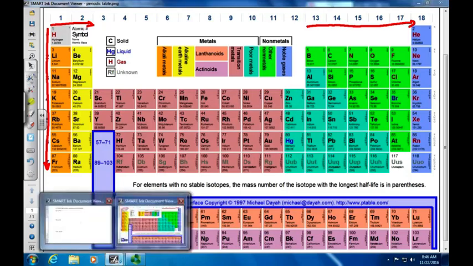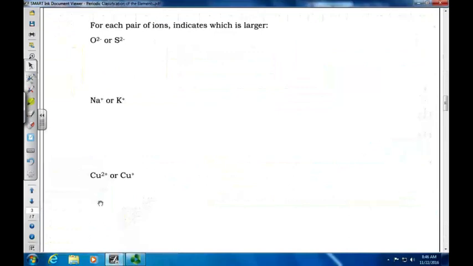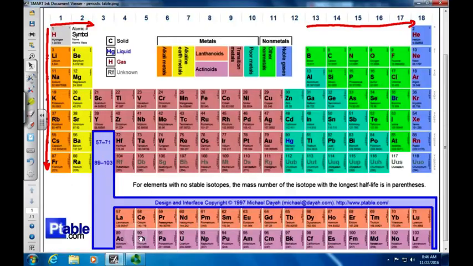So coming back to our questions. First, we're asked between oxide and sulfide, so O2 minus or S2 minus. Recall that the trend is down. Oxide is smaller than sulfide.